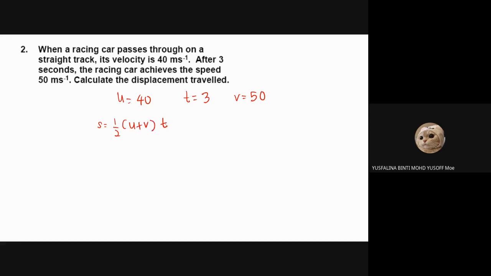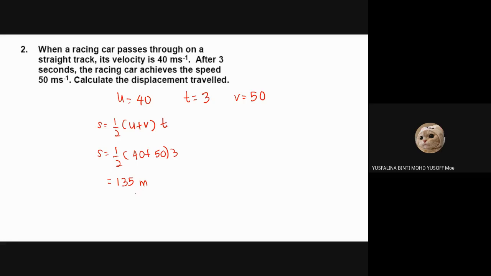I already told you before, there are marks for putting the formula. So half of 40 plus 50, multiplied by 3, gives 135 meters. Correct.